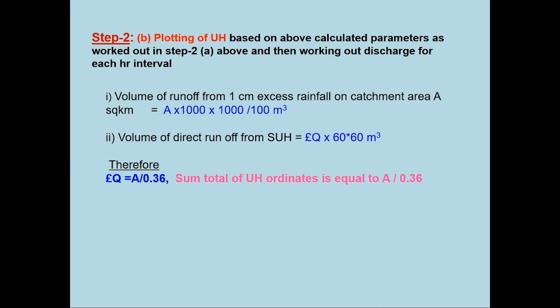So both the equations are equated, and if I find that the summation of the unit hydrograph is equal to A by 0.36, 1 by 0.36, sometimes you will find it will come as 2.78 A, then my shape of the hydrograph is correct and I can further proceed with that. Clear?